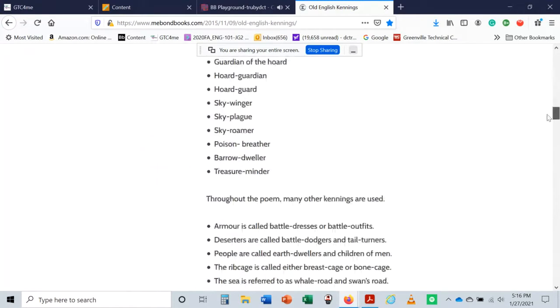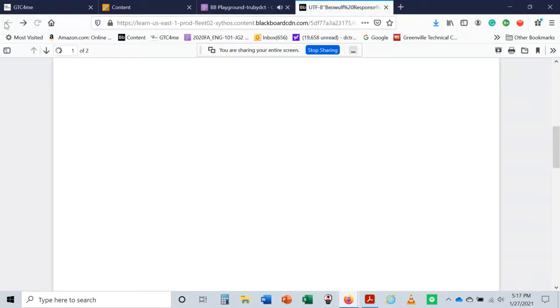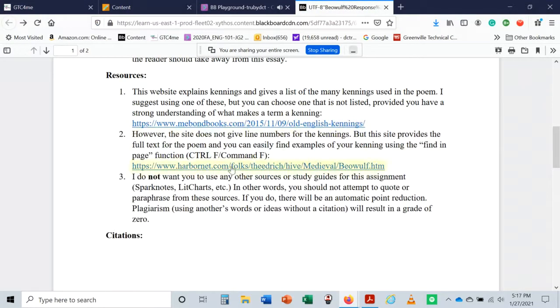Once you've found a kenning that you like, all right, so let's say Sky Plague. I'm just choosing a random one. All right, what I can then do, if I go back to our links, I also put in a link for the text of the epic online.